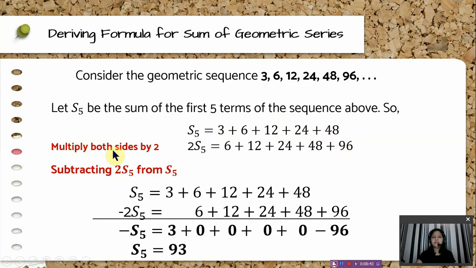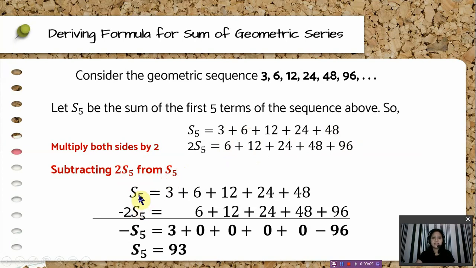First, we multiply both sides by 2. We would get 2 S sub 5 is equal to 3 times 2, that is 6, 6 times 2, that is 12, and so on until 48 times 2, that is 96. Now, let us subtract 2 S sub 5 from S sub 5.